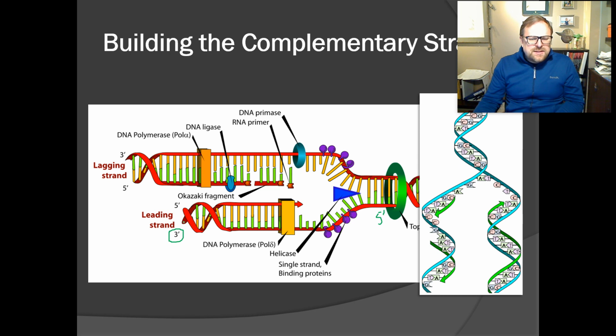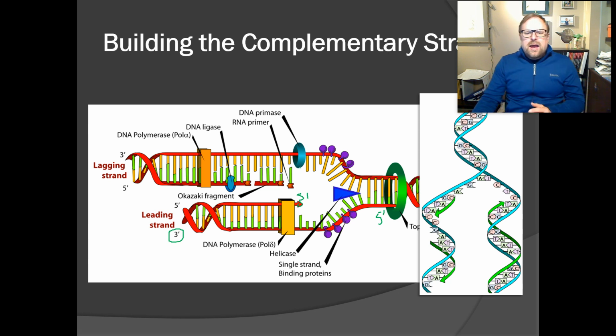So what's happening is the DNA polymerase is reading the parent strand 3' to 5', but constructing the new strand, and here's your new strand right here, constructing that new strand in a 5' to 3' direction. And because it's reading 3' to 5' on this parent strand, as the DNA helicase unzips, this DNA polymerase can just follow along.